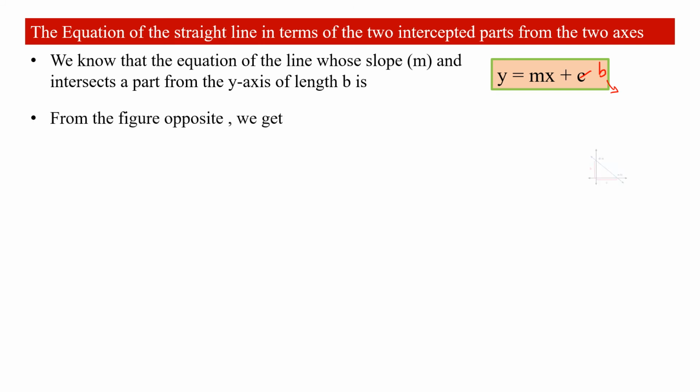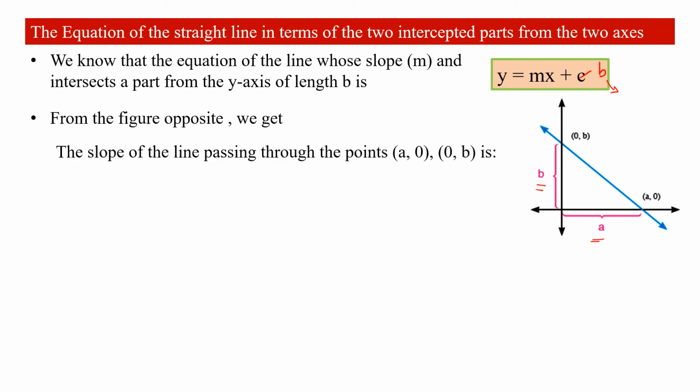From the figure, the intersection with the y-axis is (0, b) and the intersection with the x-axis is (a, 0). So the intercepted part from the x-axis is a, and from the y-axis is b. We can find the slope from the two points (a, 0) and (0, b): m equals negative b over a, because the straight line makes an obtuse angle in this case.